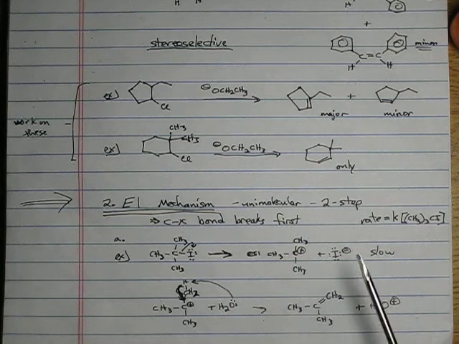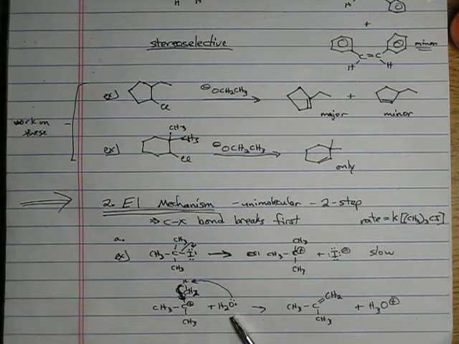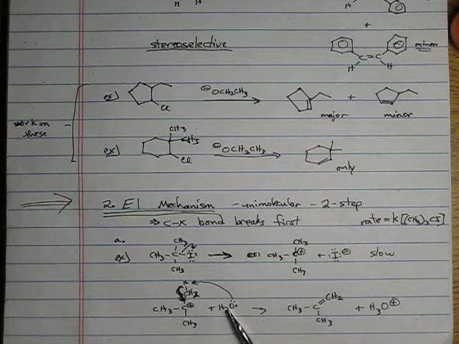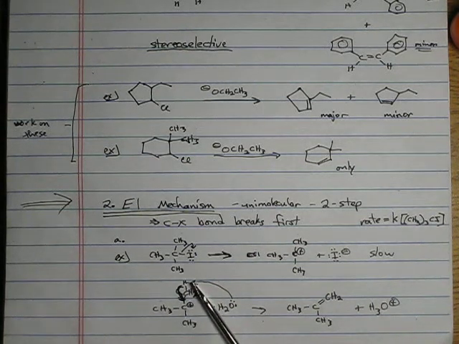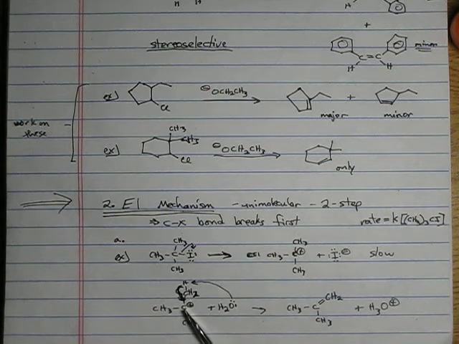Now, once you have the carbocation, you can have a weak base, such as water, come in and snag the beta hydrogen. Note, this carbocation carbon used to contain the iodide. It is the alpha carbon.